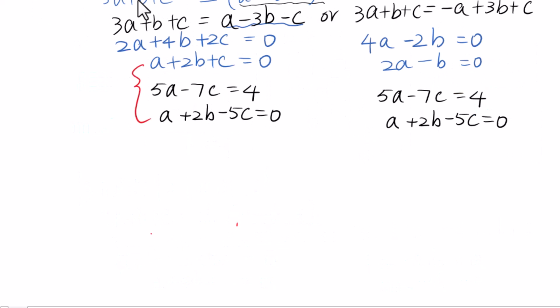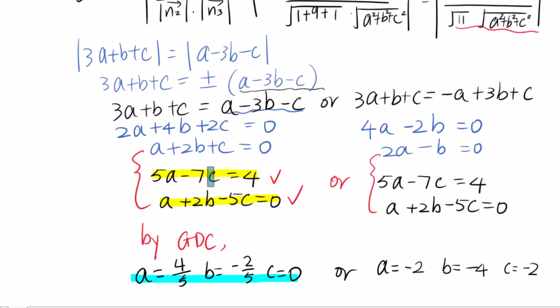Then use the equations from C and D to get two systems of equations. The first system of equations, we got A equals 4 over 5, B equals negative 2 over 5, C equals 0. For the second system of equations, A equals negative 2, B equals negative 4, C equals negative 2.